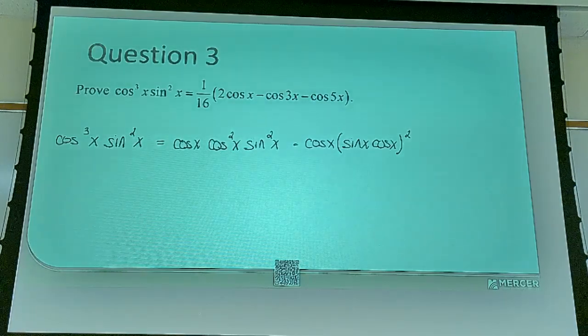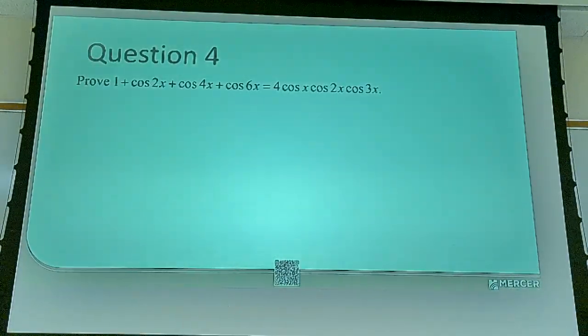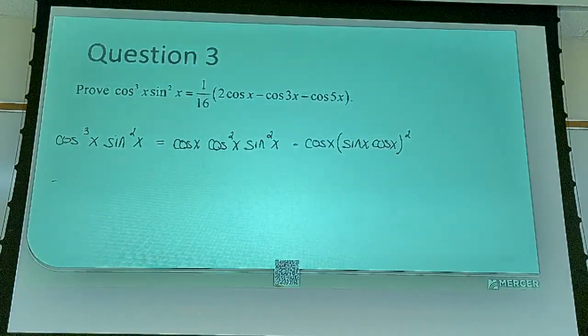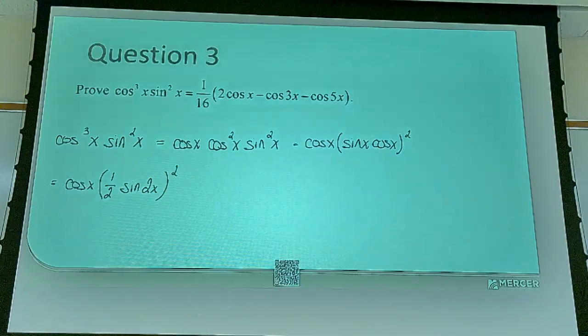Sine squared times cosine squared, and also factor out that square. Sine times cosine, though, is a half sine of 2x. Right, double angle for sine. Sine 2x equals 2 sine x cosine x.